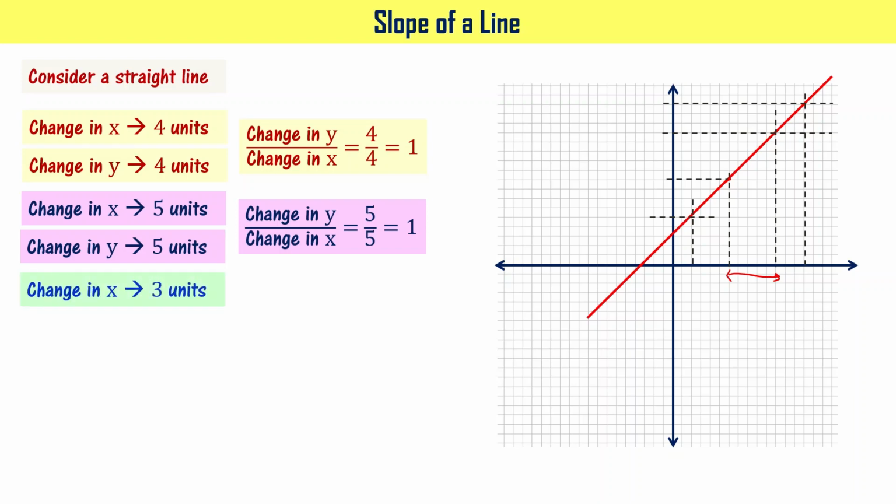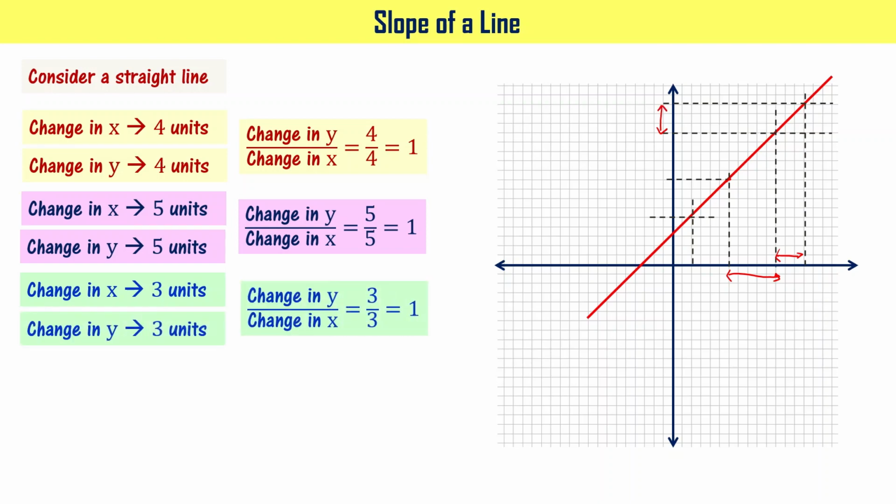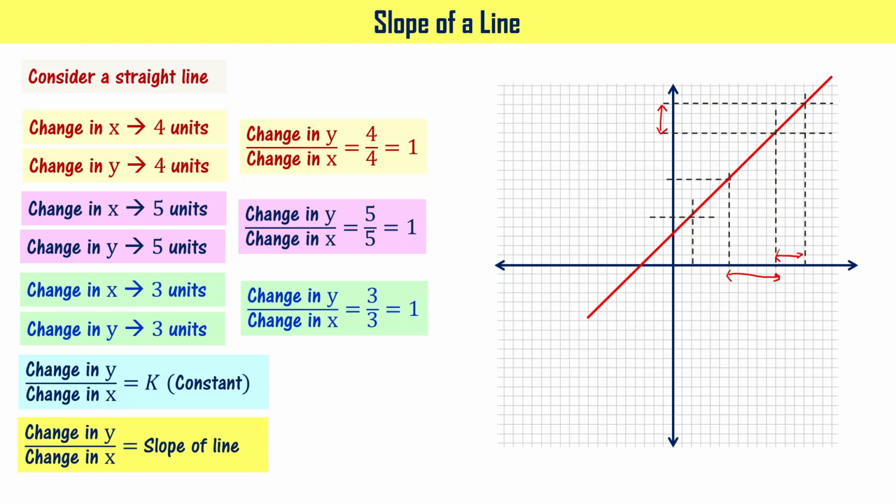Change in x is 3 units when you move from here to here, right? And change in y is also the same when you move from here to here. So their ratio is 1. So now I can say that for the straight line we have considered, change in y by change in x is a constant, that is 1 in this particular case. And that constant is called slope of the line. So slope of the red color line is 1, right?